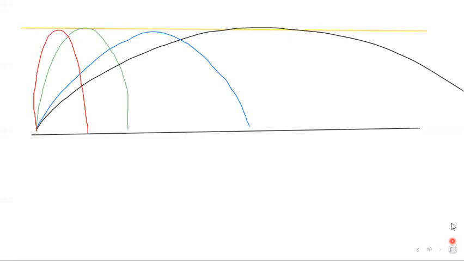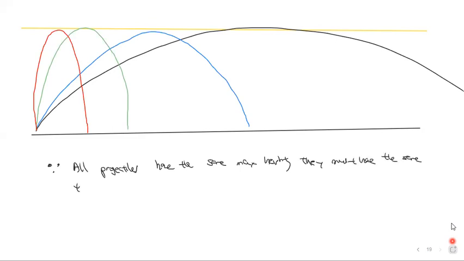I don't need to do any calculations, because if all projectiles have the same max height, the time of flight is the same. They must all have the same time of flight. That's kind of weird, but yes. In other words, if I fired all these projectiles off at the same time, they would all land at the same time.